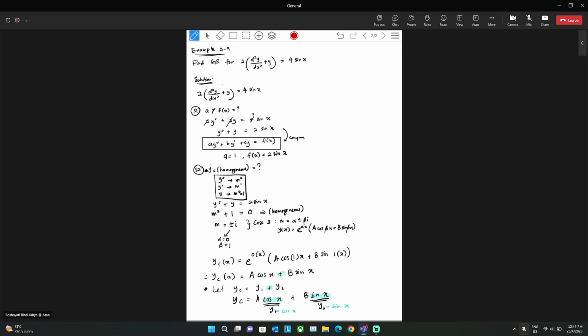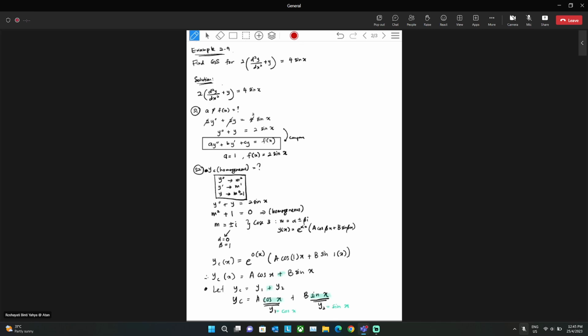So y c equal to y1 plus y2 equal to cos x plus sin x.